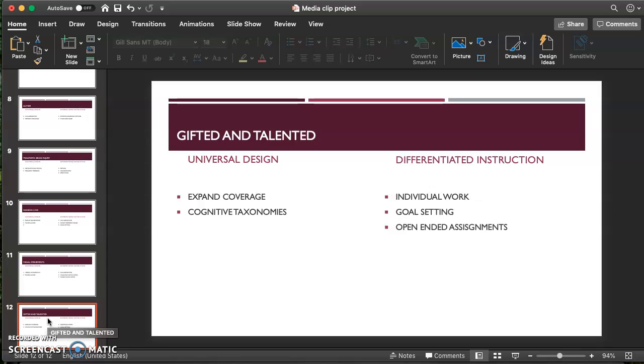And lastly, for students who are gifted and talented, you would want to expand coverage over the curriculum for that student, and cognitive taxonomies, just so they have a chance to challenge themselves and broaden their horizon, since they're already so far ahead.